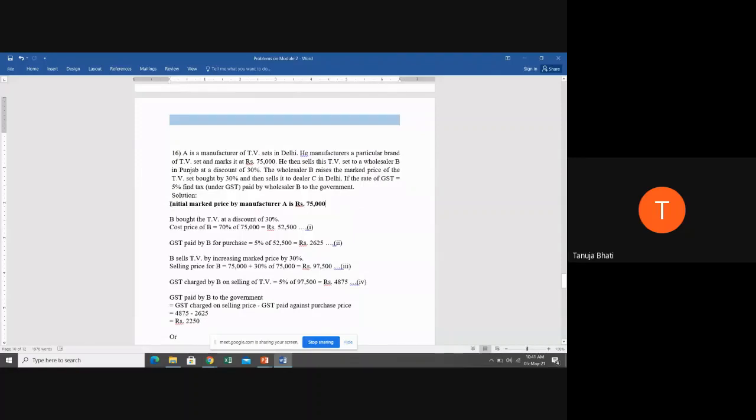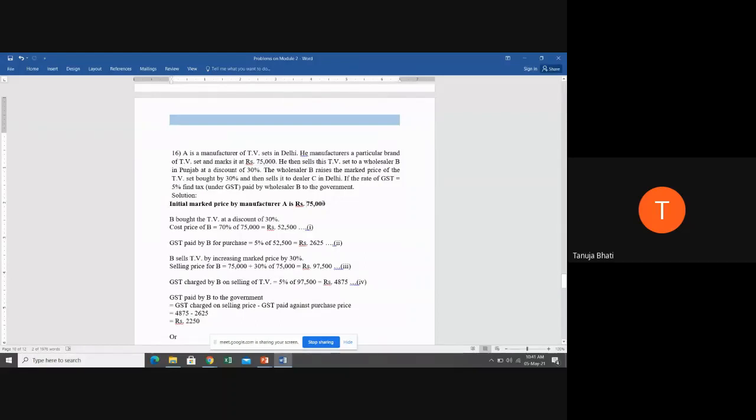So the initial marked price by the manufacturer is 75,000. So 75,000 is the price at which A is selling it to B, but it is selling it to B at a discount of 30%. As I already told you, profit has to be added, discount has to be deducted.